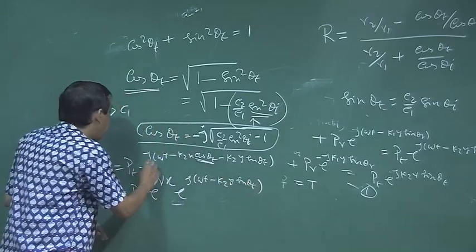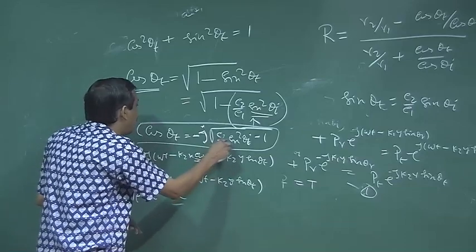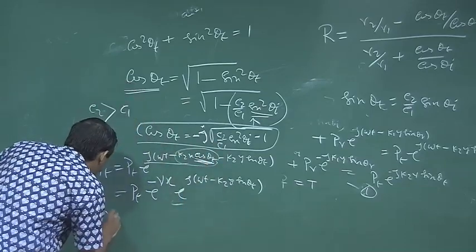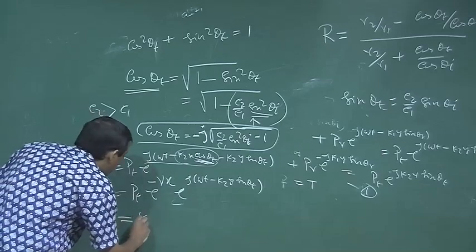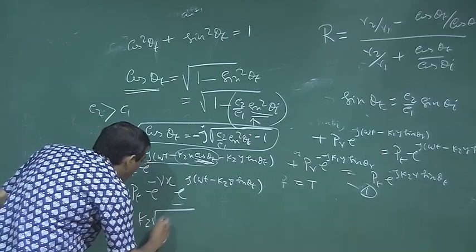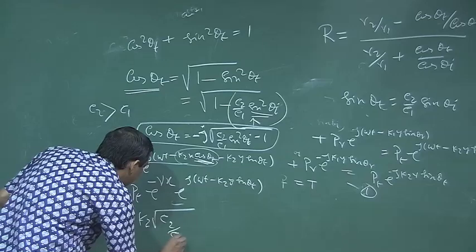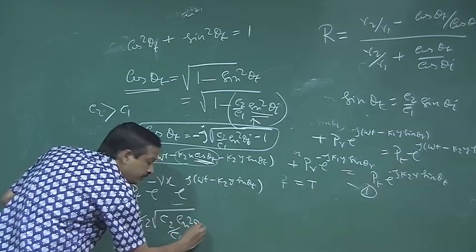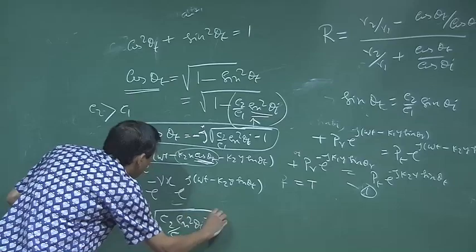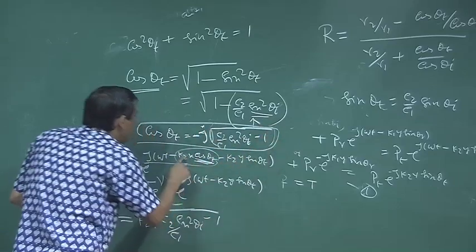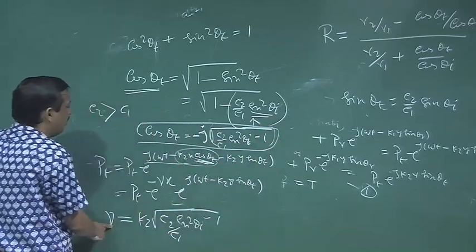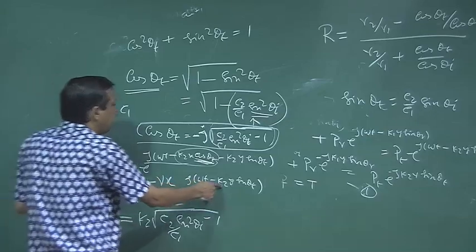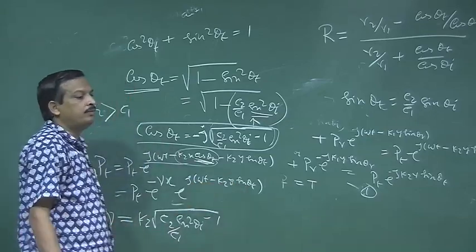Here gamma is nothing but k2 root over of (C2 by C1) sin square theta I minus 1. This term times k2 I call gamma. So, e to the power minus gamma x, e to the power j omega t minus k2y sin theta.